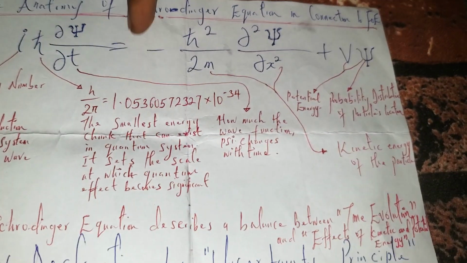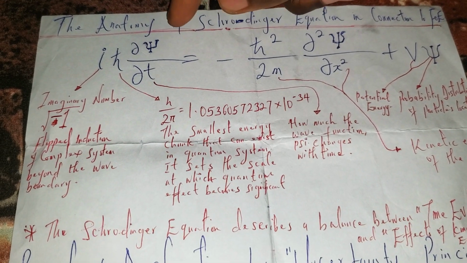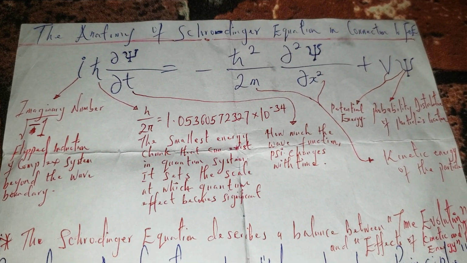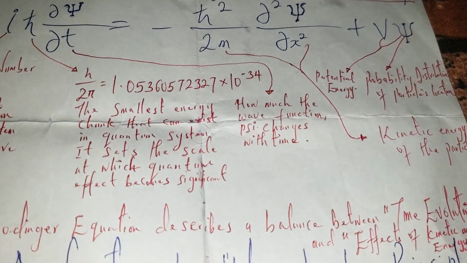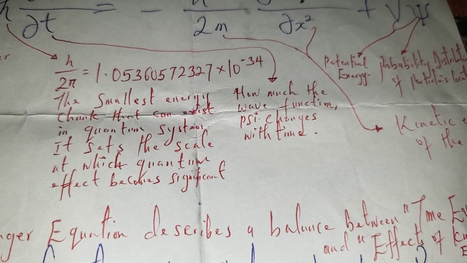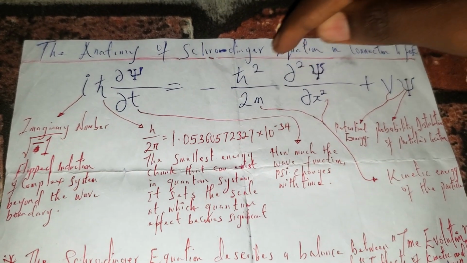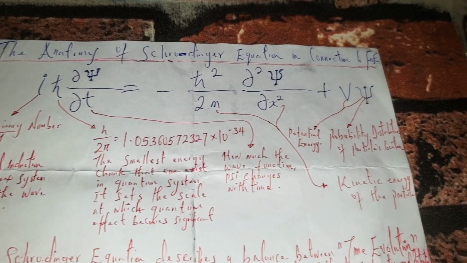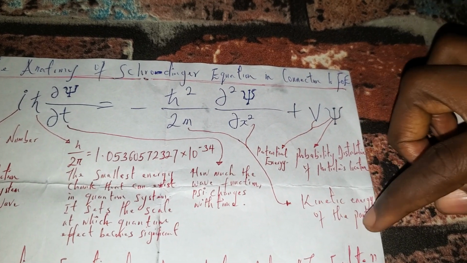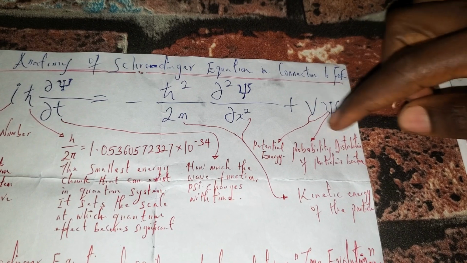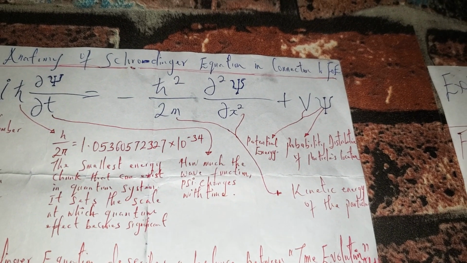So now we have this term, which is a derivative of psi with respect to time. And that tells us how much the wave function psi changes with time. Now we have this whole term right here, which is the kinetic energy of the particle. And we have another term right here, which is potential energy.